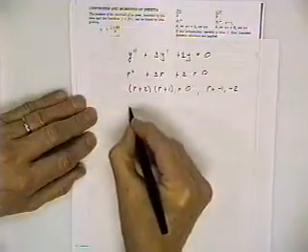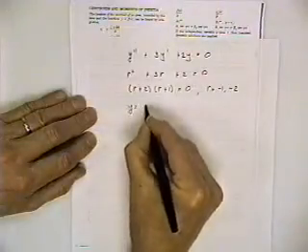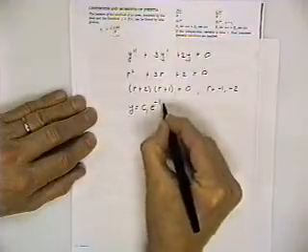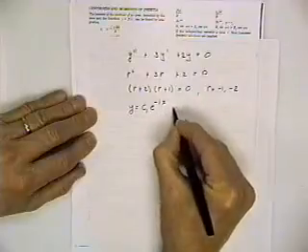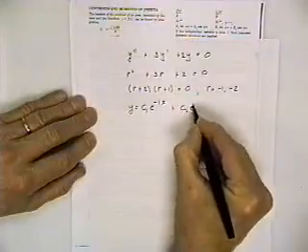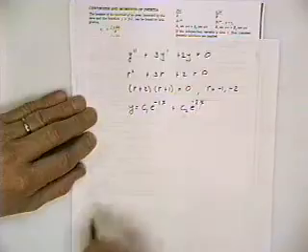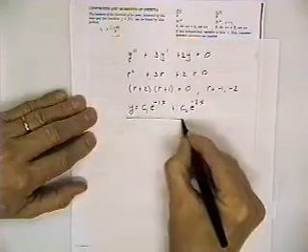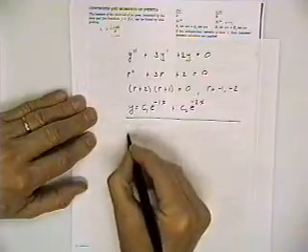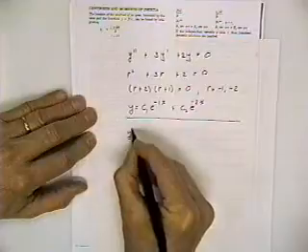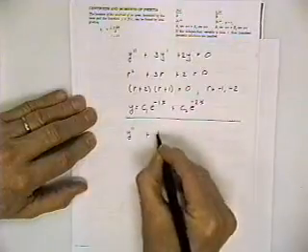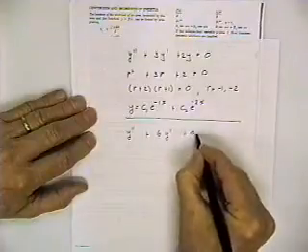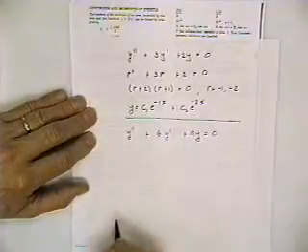The solution to the differential equation is y is equal to a constant c1 e to the minus 1x plus c2 e to the minus 2x. Okay? Let me give you another one. Let me change this differential equation a little bit and make it y double prime plus 6y prime plus 9y equals 0.